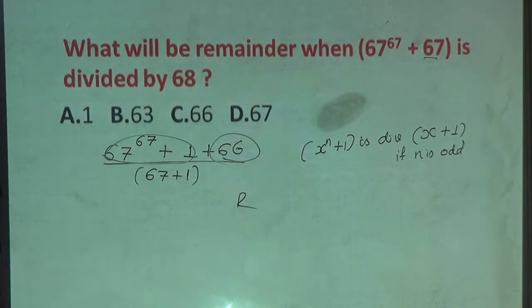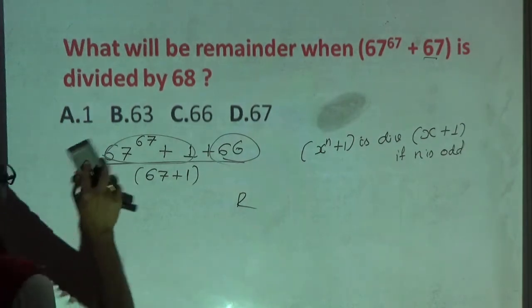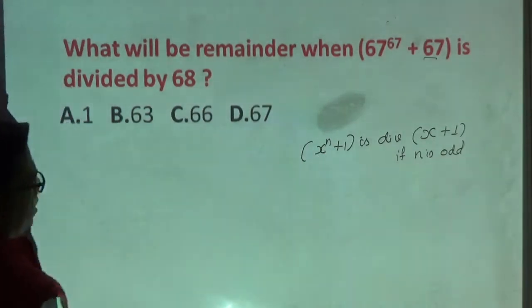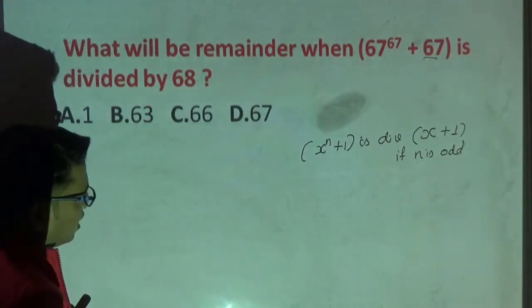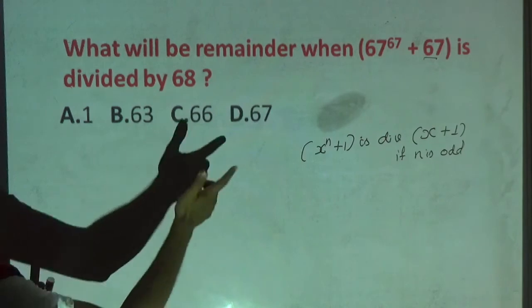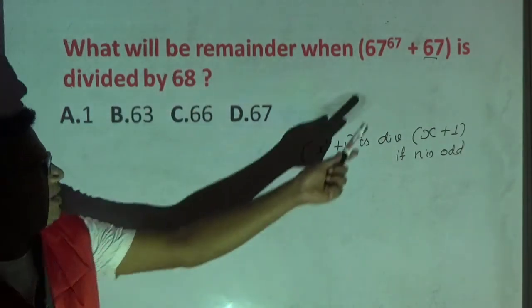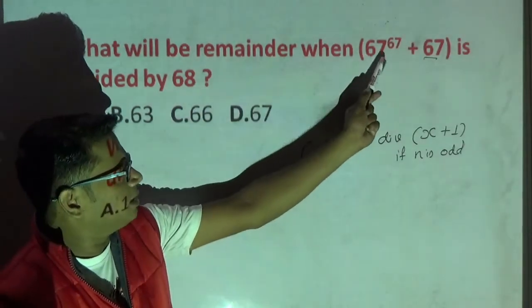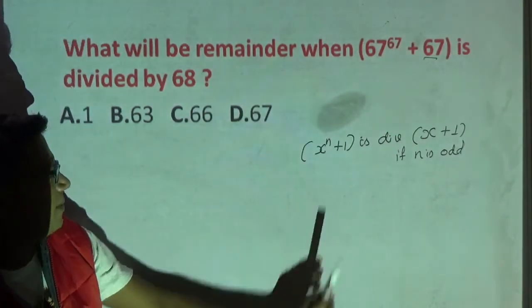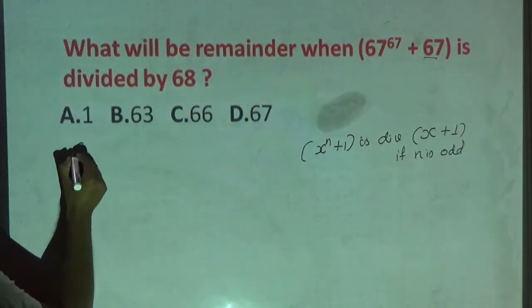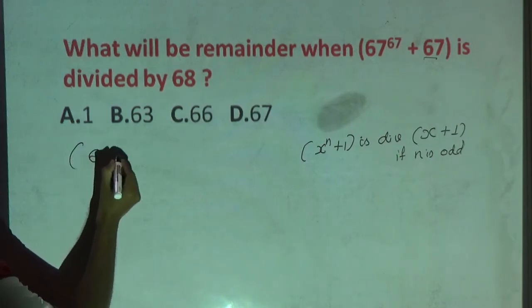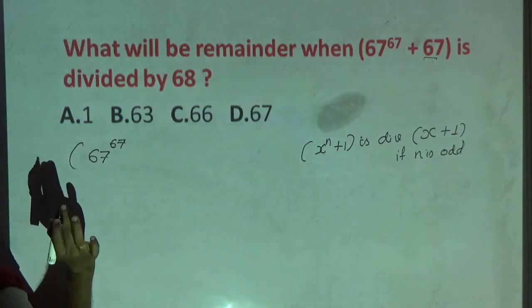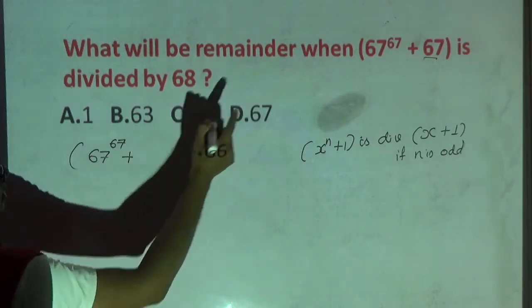Let me explain one more time. Please observe here. I know this concept, right? X power n plus 1 is divisible by x plus 1 if n is odd. I saw that problem: I am having an odd number here and a plus symbol here. So I want to put this question in terms of this format. 67 power 67, that is x power n, plus 67.